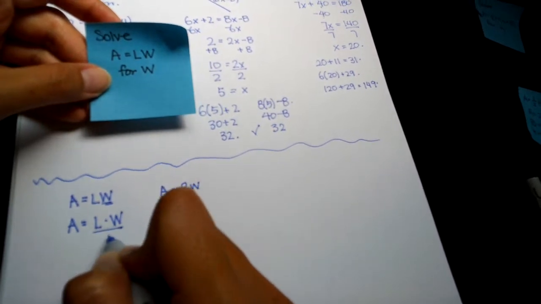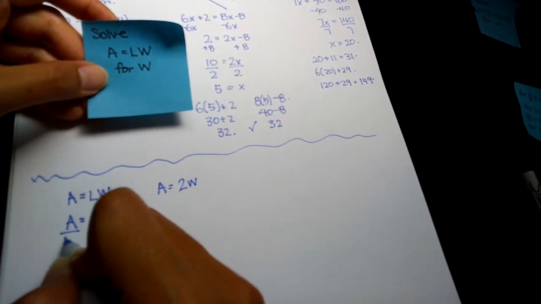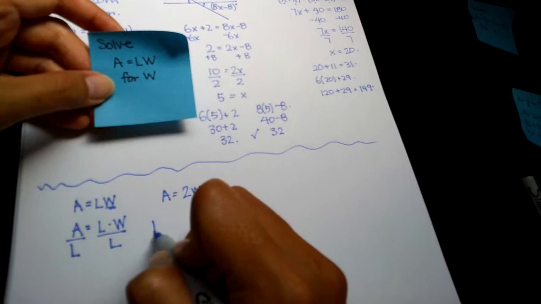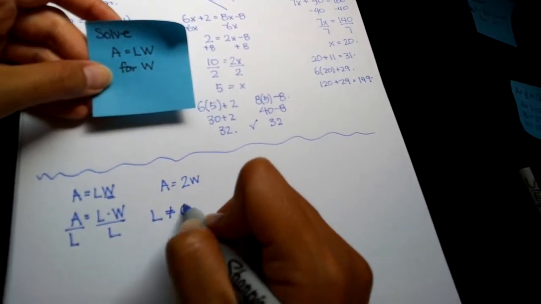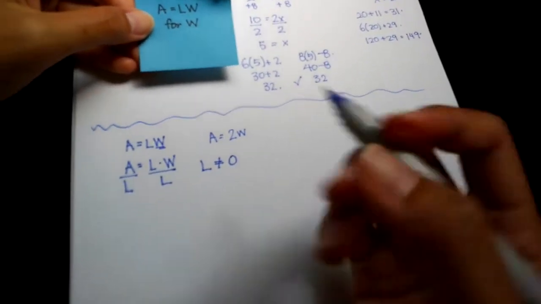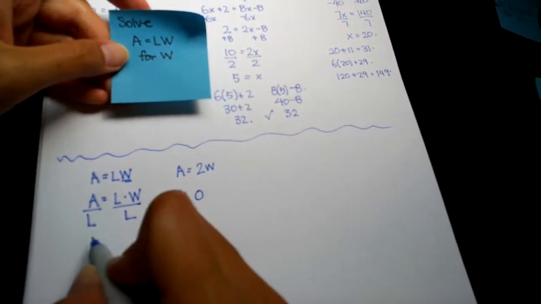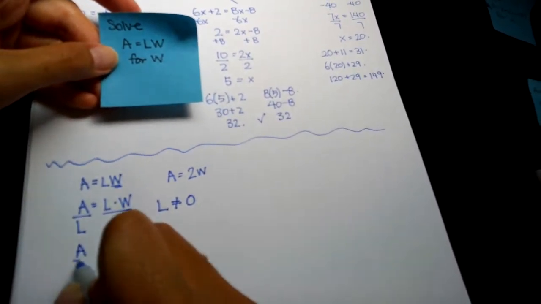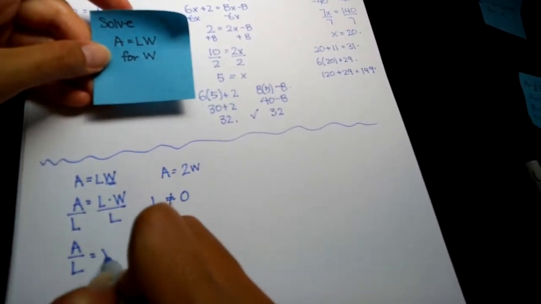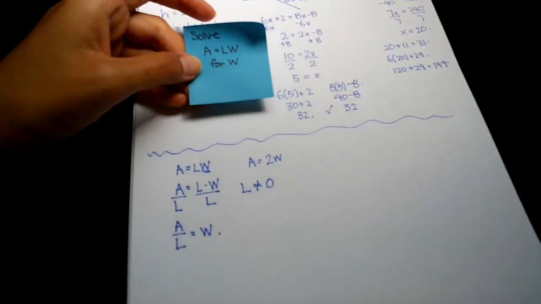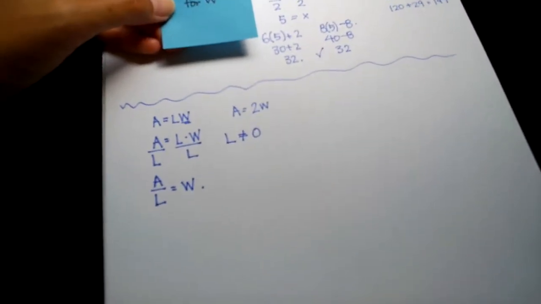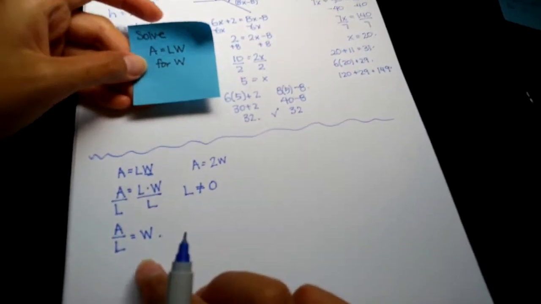We would divide by L on both sides, and here we are assuming that L is not equal to 0, right? Because if it was, it would be undefined. So area divided by the length would give you the width. And we're done here because it's solved for W, and that's what we were being asked for.